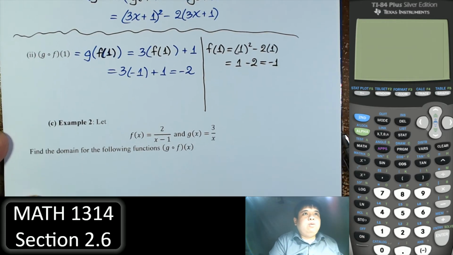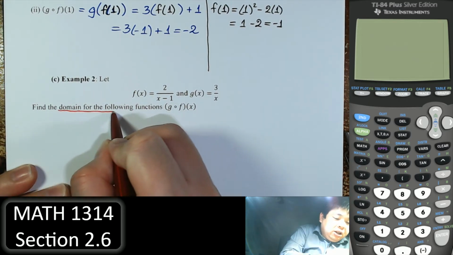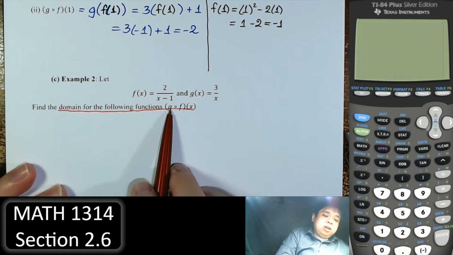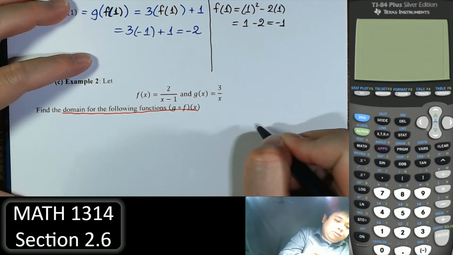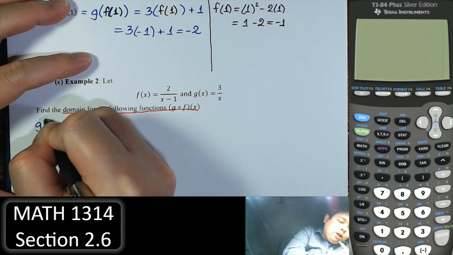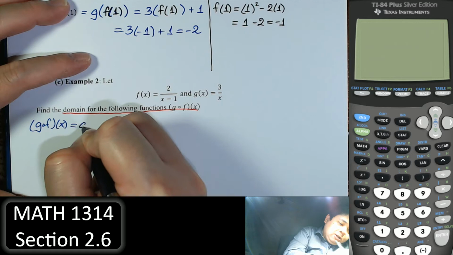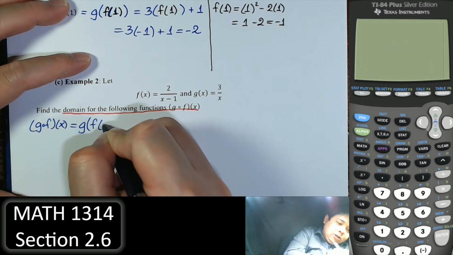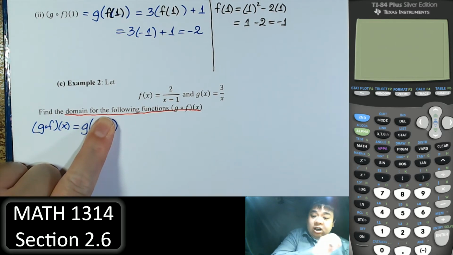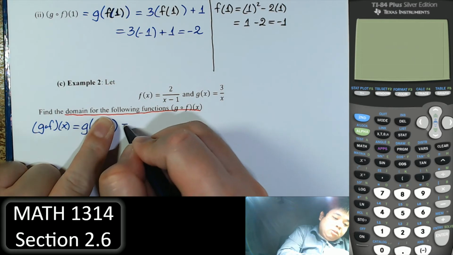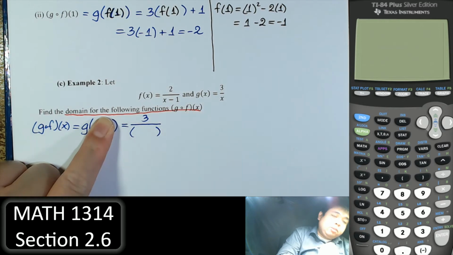Right, let's go for something a bit more complicated, and this time we're trying to find the domain of the composition. So this is g of f of x. So we write first g of f of x, like that. Now, it doesn't matter what's inside the function g. Function g is 3 divided by something.